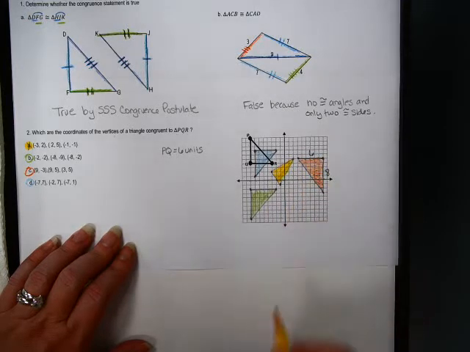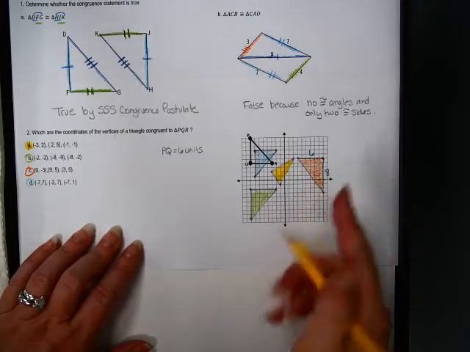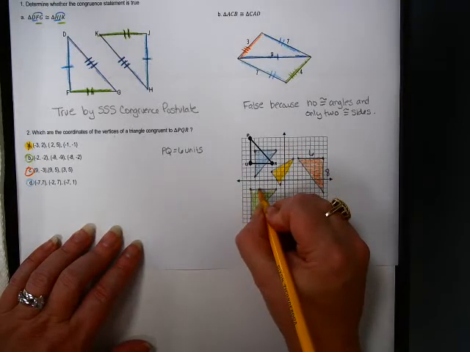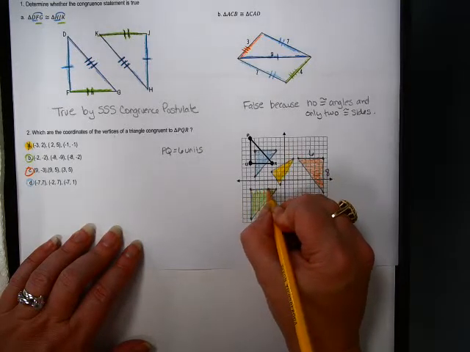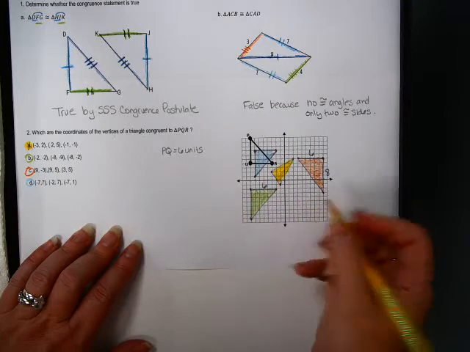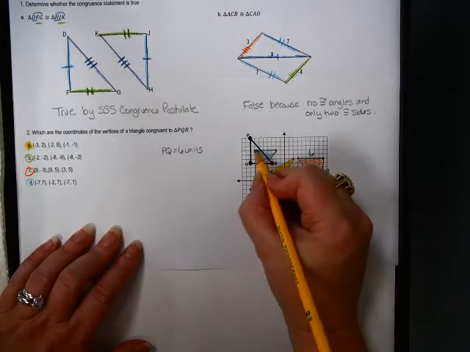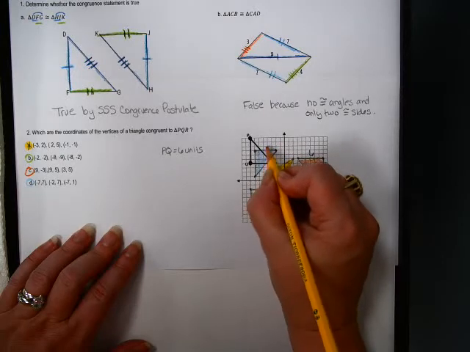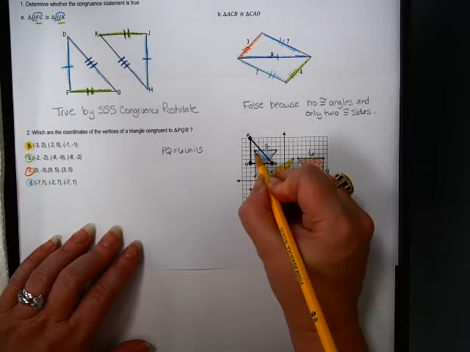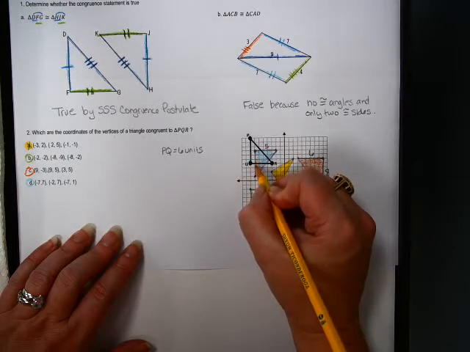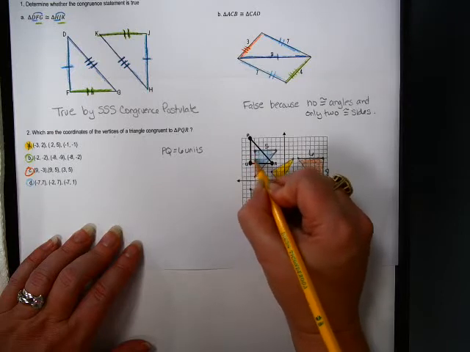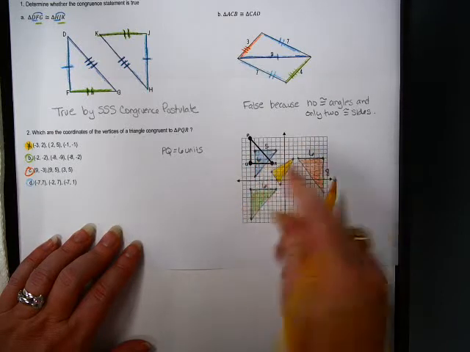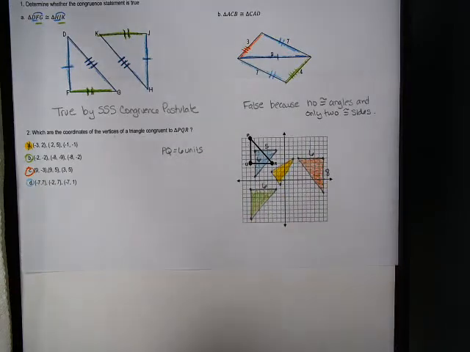This one has 6, so that could still be it. This one is 1, 2, 3, 4, 5, 6. That one's 6. That could still be it. 1, 2, 3, 4, 5. This one's 5. 1, 2, 3, 4, 5, 6. So this one over here, this is 6. So that blue one could still be it as well.